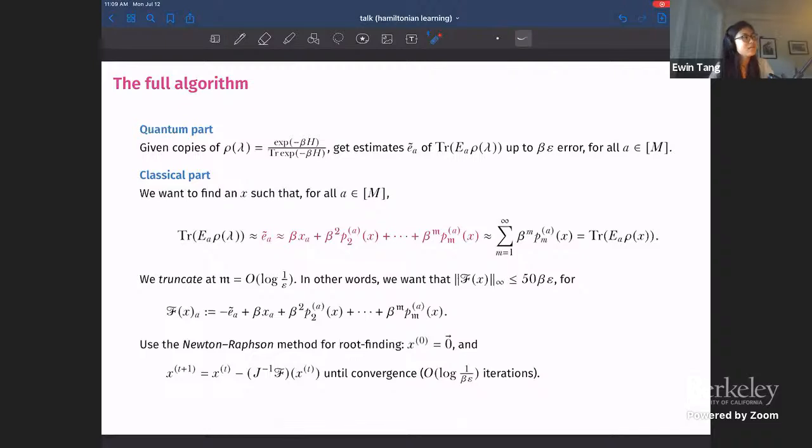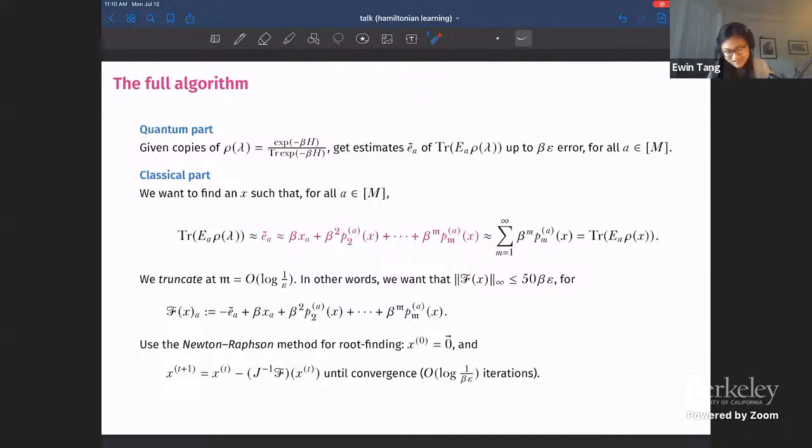You can show that it converges if you have a good bound on the second order terms, the derivatives of the system of polynomials. Then Newton's method will converge.